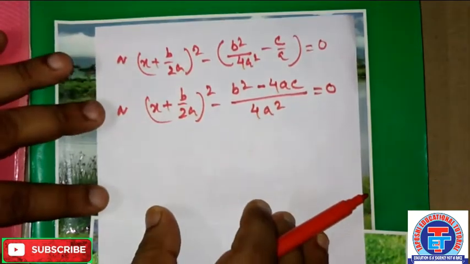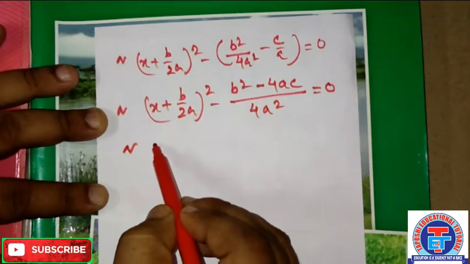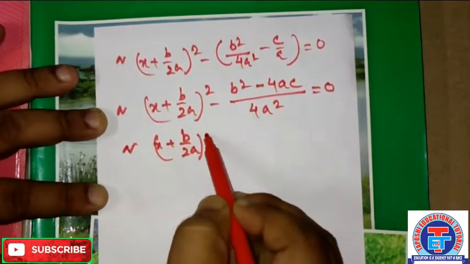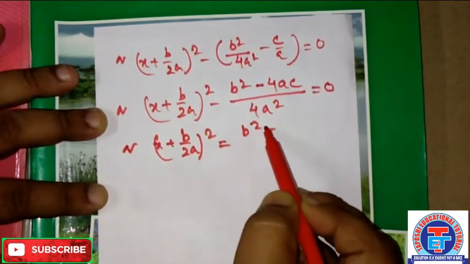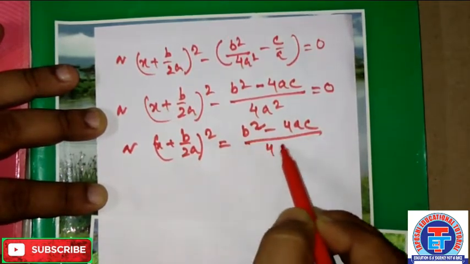Now solving, x plus b by 2a its square is equal to b square minus 4ac by 4a square.